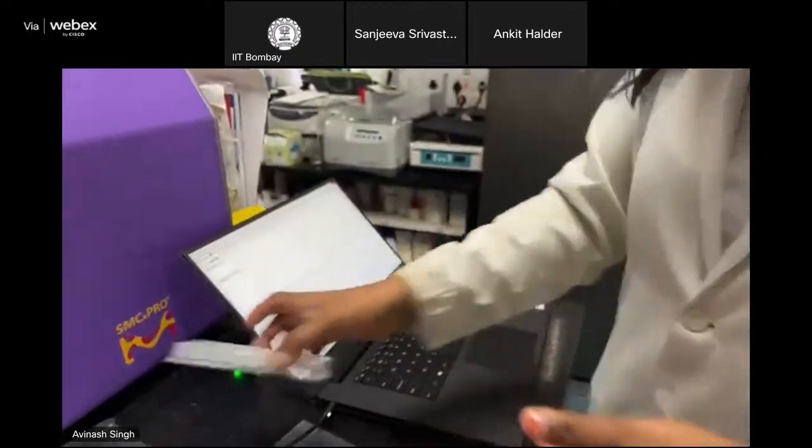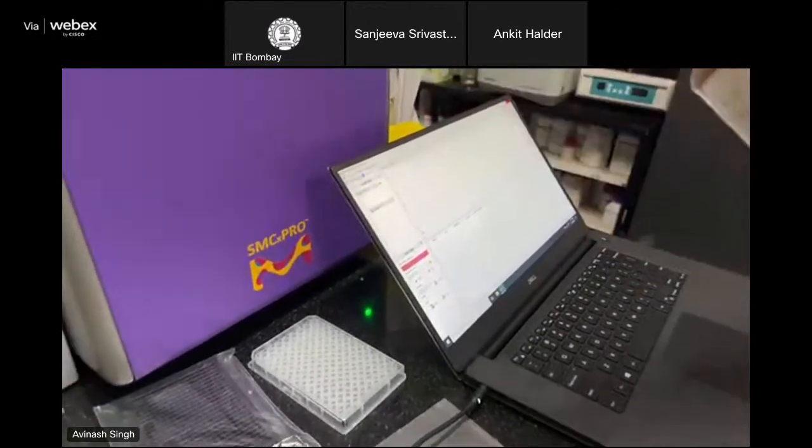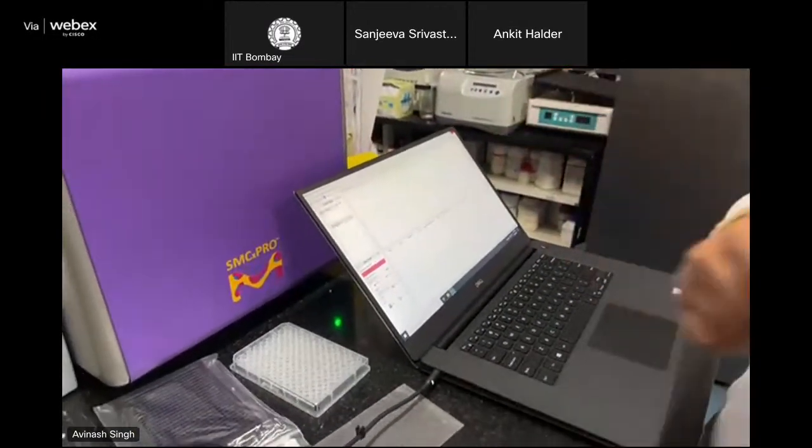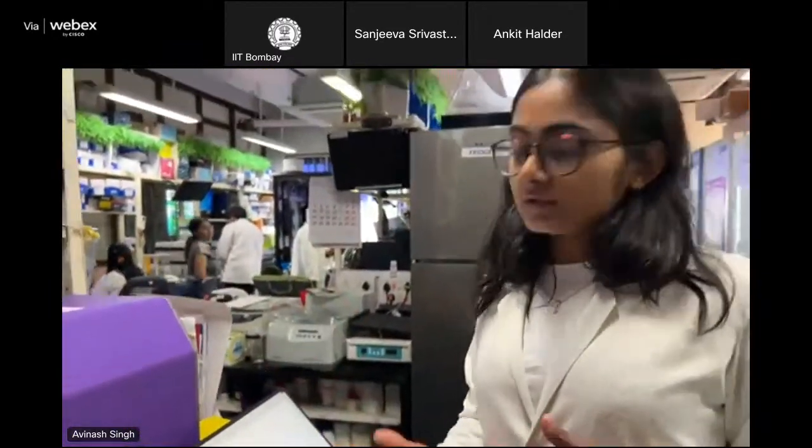Then another antibody against the analyte, which is also fluorescently labeled, the secondary antibody, is used for detection.